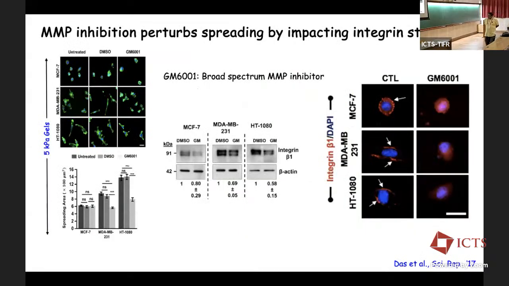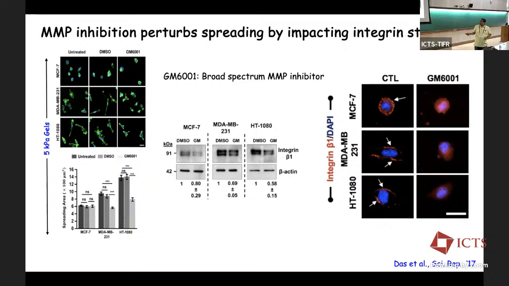So this was an earlier study where we showed that when you inhibit MMP proteolytic activity, so you go from soft to stiff, the cells are more migratory, more spread, all of that. Yes, you have a question? Oh, okay. So more invasive.